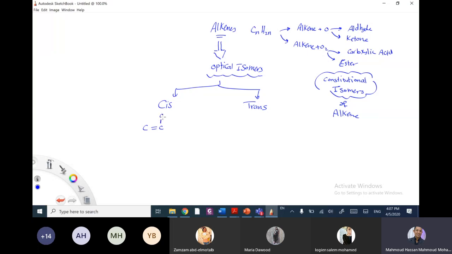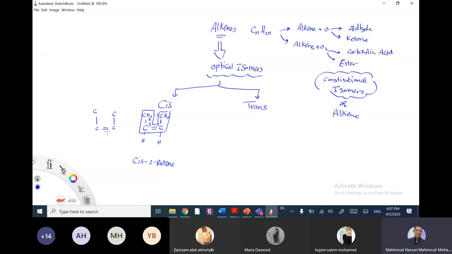So it will be CH3, CH3, H, and H. In this case, it's called cis-2-butene. From where do we determine this? We take the longest carbon chain. This is the longest carbon chain. After counting, it will be 1, 2, 3, and 4 carbon atoms.